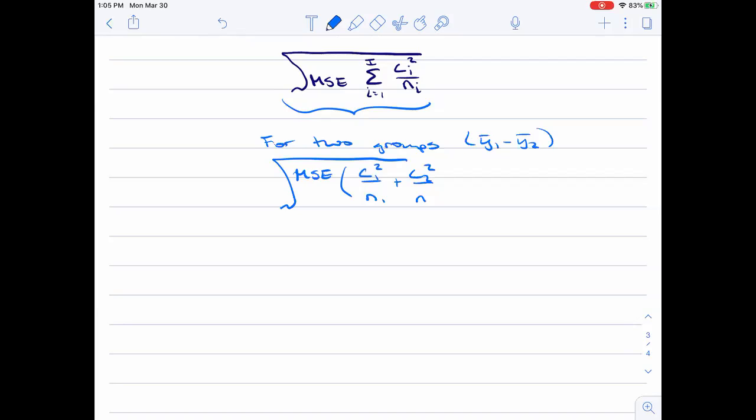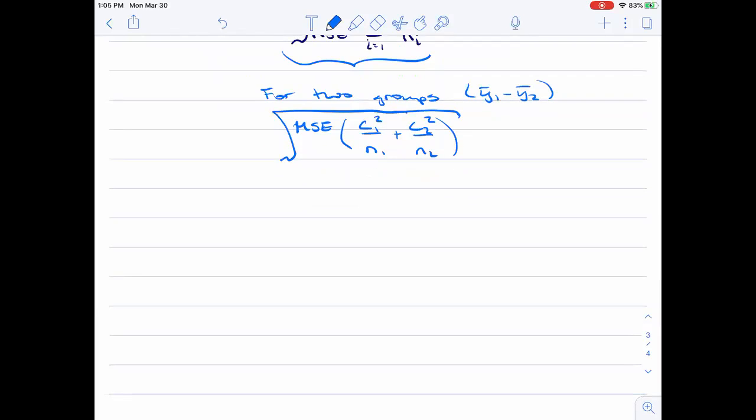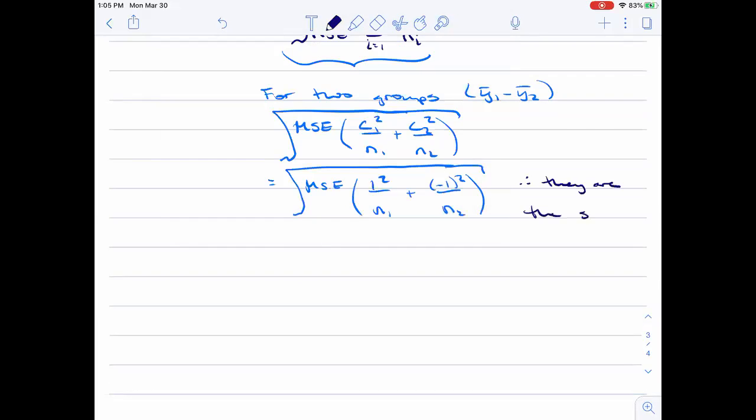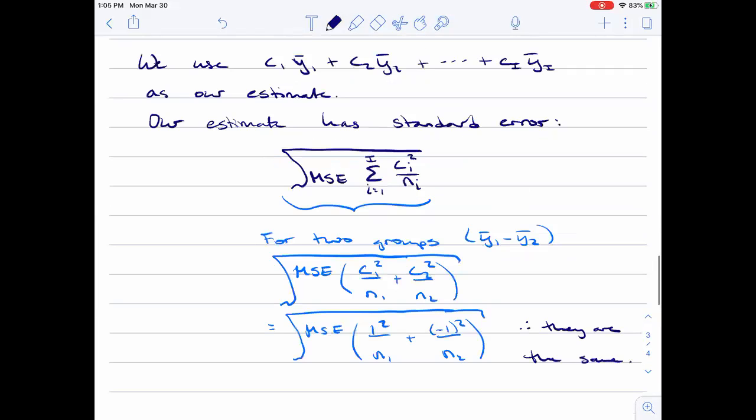So this would be the square root of the mean squared error times 1 squared over N1 plus negative 1 squared, which is also just 1 over N2. And therefore they are the same. It's just an extension, now we're allowing for multiple means here instead of just two means that we want to compare.